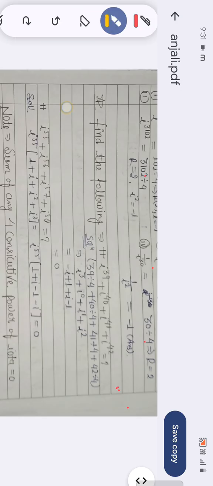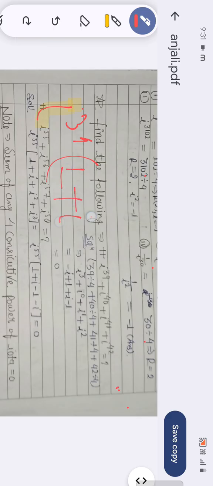Simply, iota to the power 39 we can take common, then this will be 1 plus iota square plus iota cube, and the sum of 4 consecutive powers will always be 0.